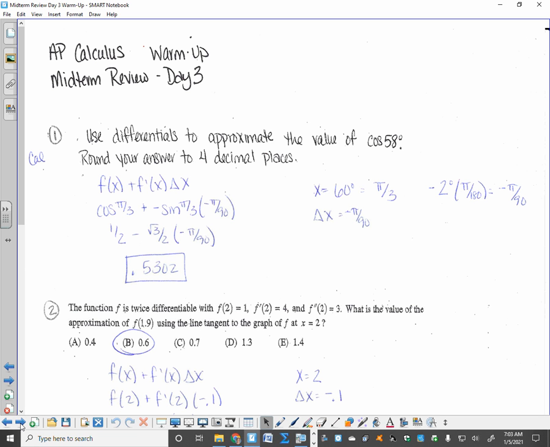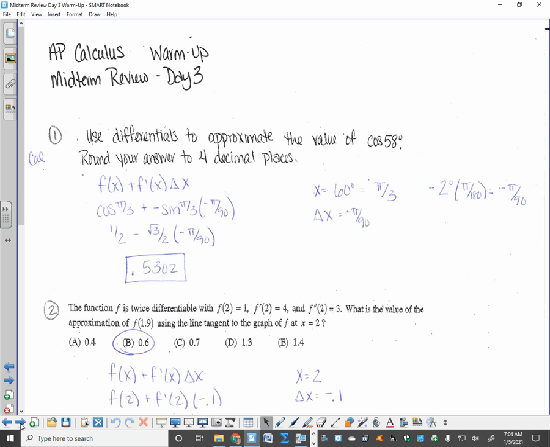Everything has to be in radians. The formula for approximation is f of x plus f prime of x times delta x, which is the change in what you want versus what you know.